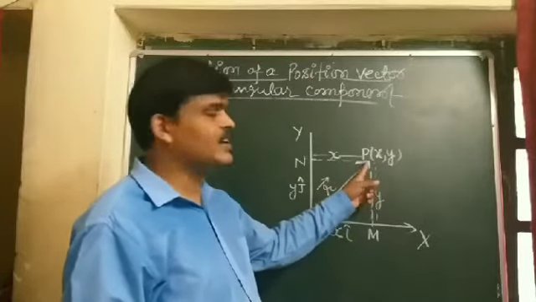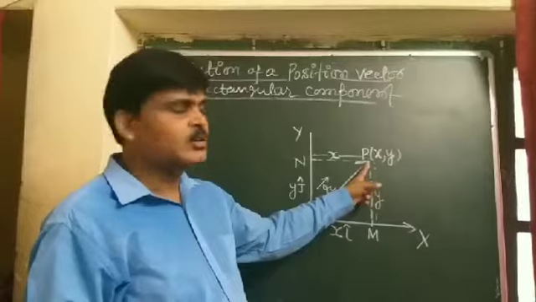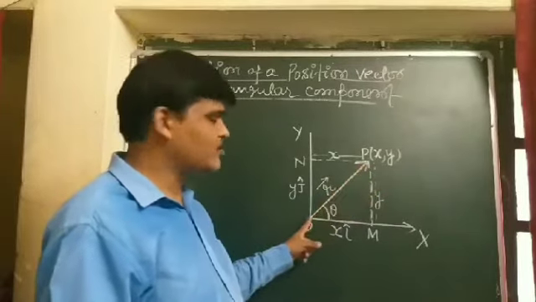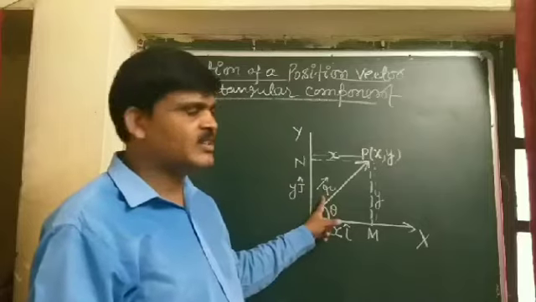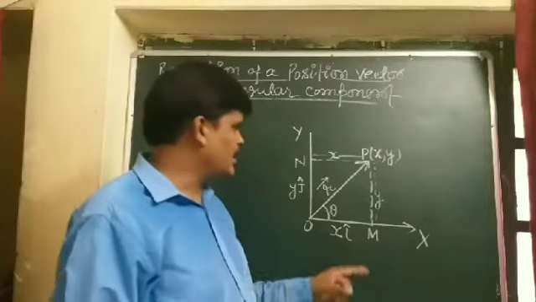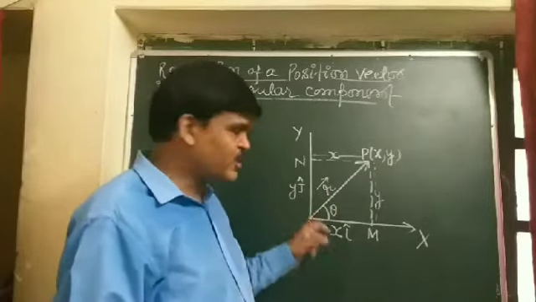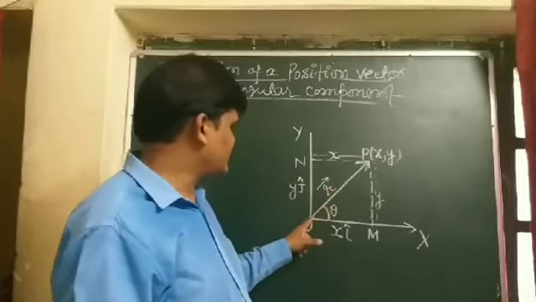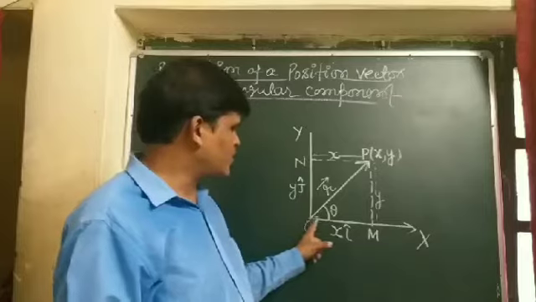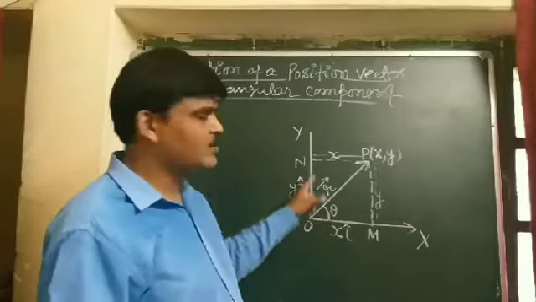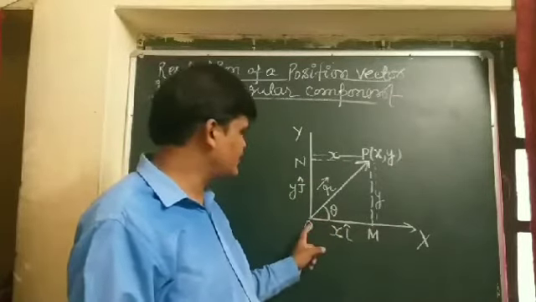Suppose a particle is at a point P whose position vector from origin O is OP, shown by position vector R, and we draw two axes OX and OY which are perpendicular to each other.